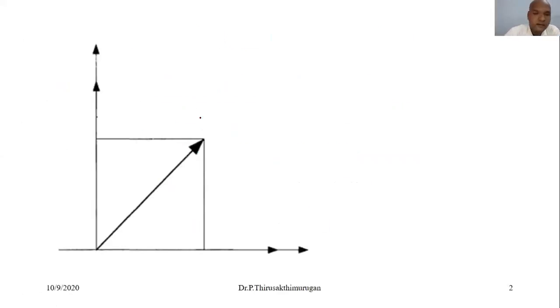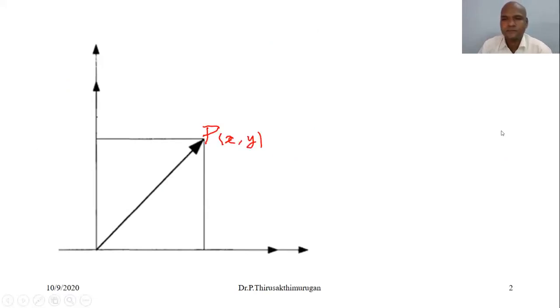So here, this is a body, a point on the body, P. This P is represented here by small x, small y because it is two-dimensional. If it is three-dimensional, we can have x, y, z. So here it is only two-dimensional. This is a point of the robot body frame.